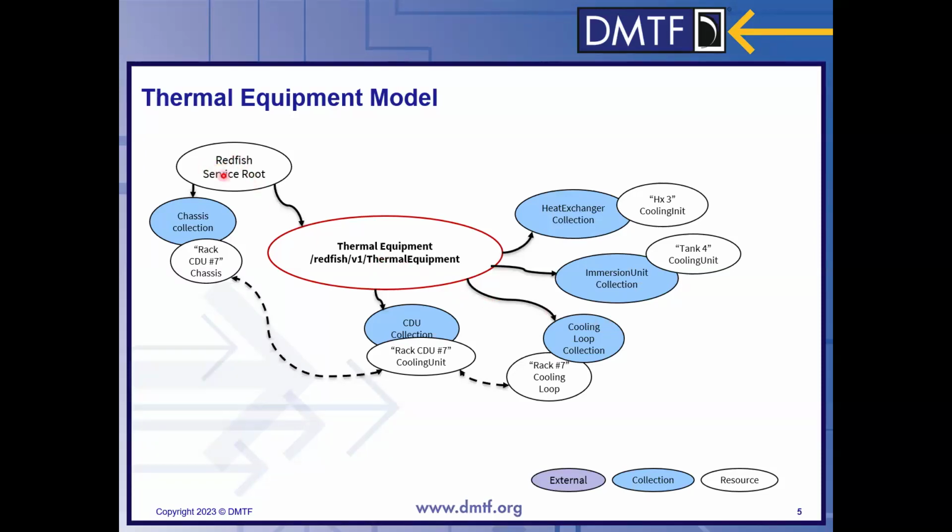The other part of the model is the physical model, and that's almost exclusively under what's called a chassis, which is really just the Redfish term for some kind of box. So every CDU will have a chassis that contains all that gear, and then there are links that make the bridge between the physical and the functional views.